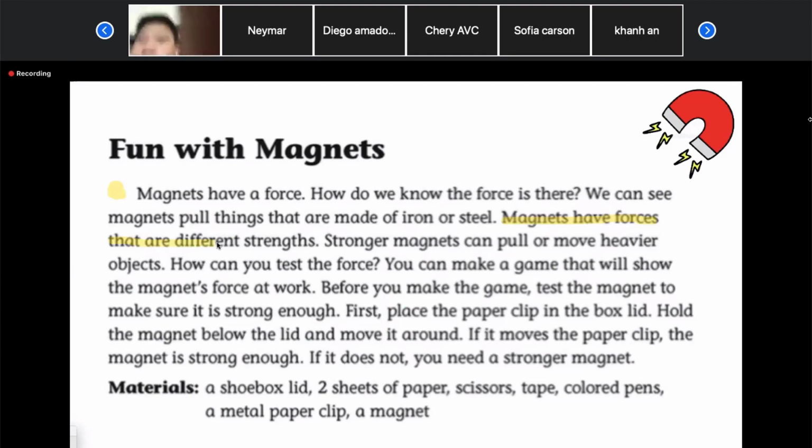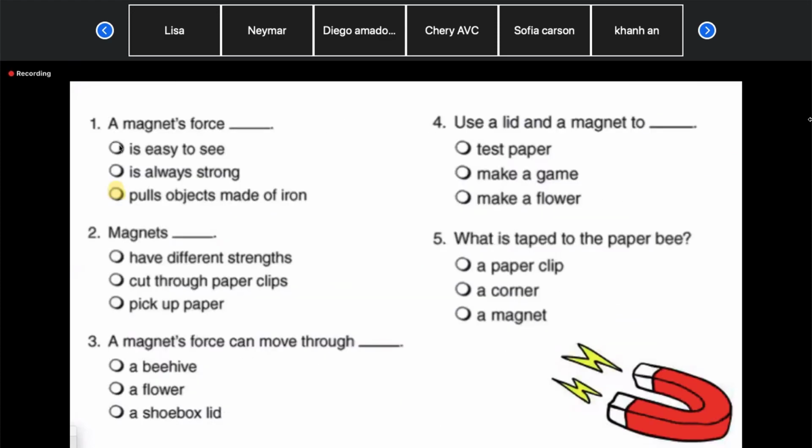Magnets have forces that are different strengths. Very good. Remember, a strength is how strong or weak something is. Some magnets can be very strong. Some magnets can be very weak. So to answer our question, we'll say magnets have different strengths. Okay, good job, Myth.